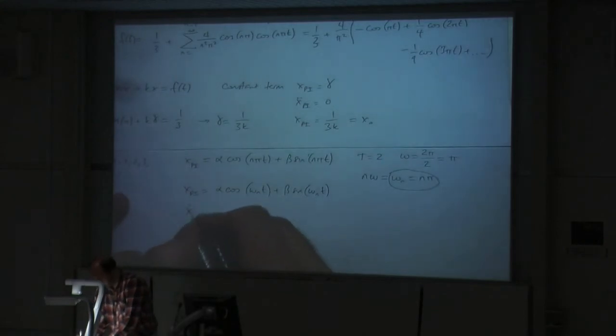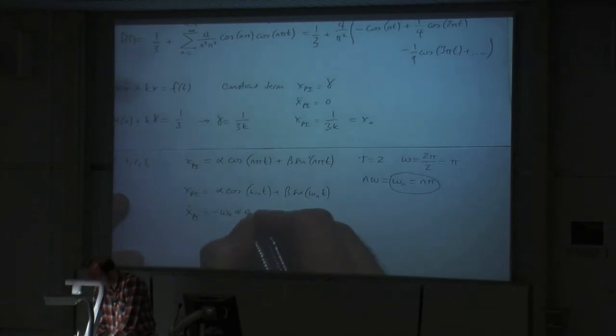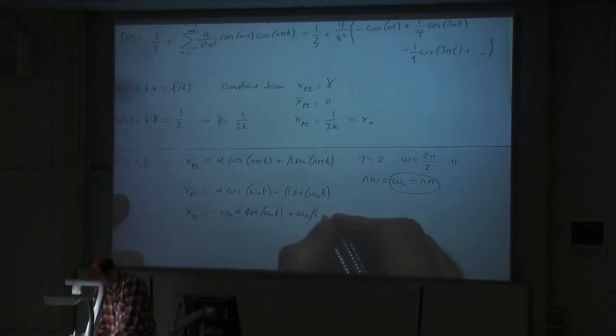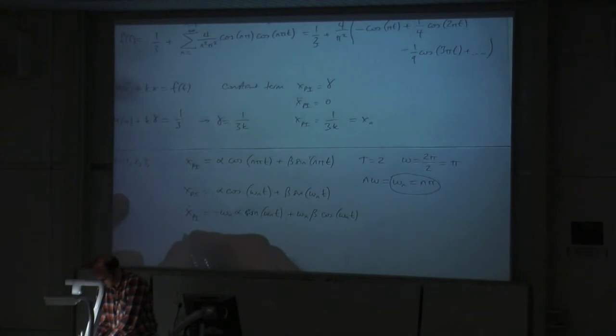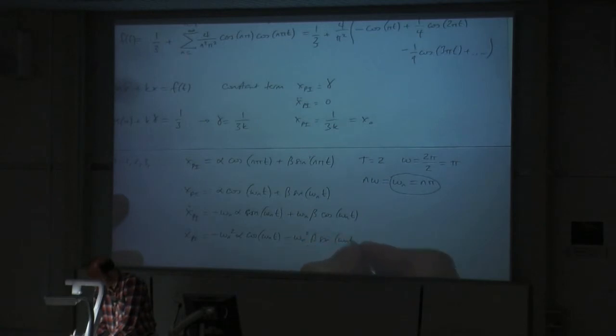So x dot particular, we have minus omega n alpha sine plus omega n beta cosine. X double dot particular is minus omega n squared alpha cosine of omega n t minus omega n squared beta sine omega n t.